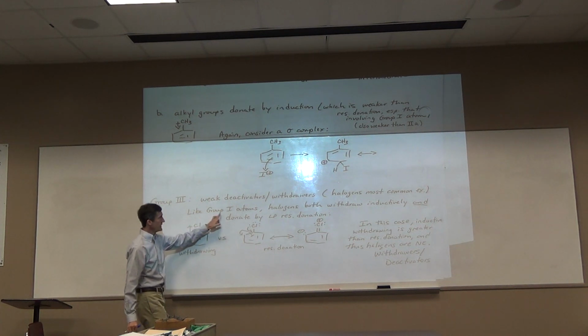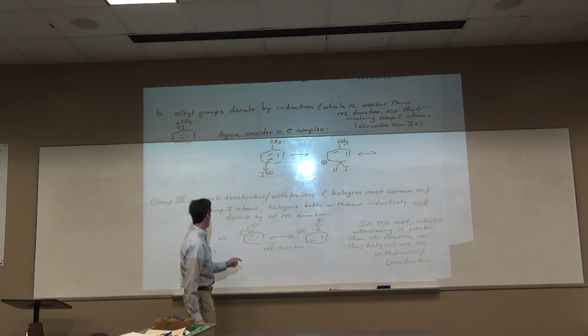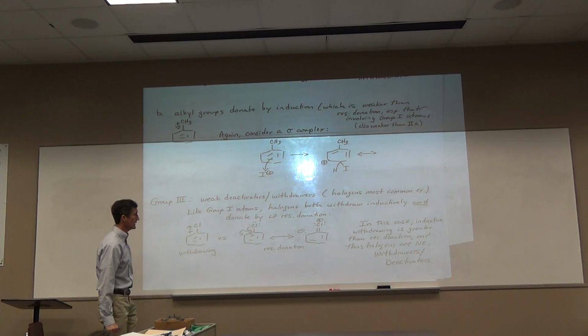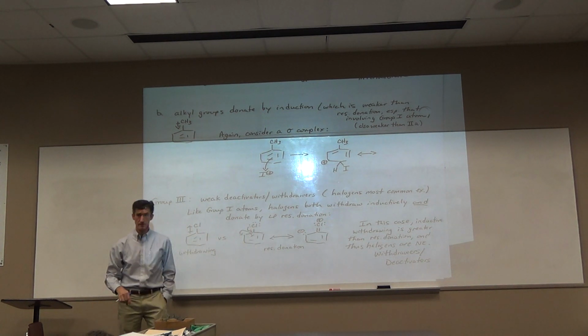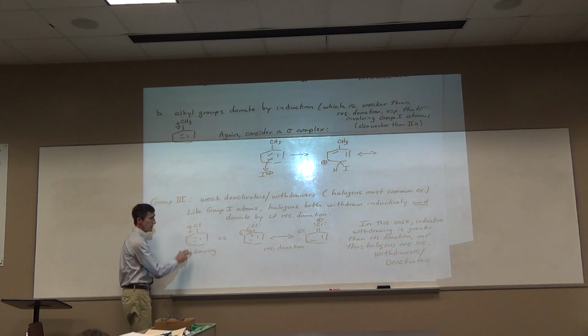Like group 1 atoms, halogens both withdraw inductively and donate by resonance. Okay? You can do resonance with a halogen, just like we did with group 1 methoxy. And you can also withdraw.